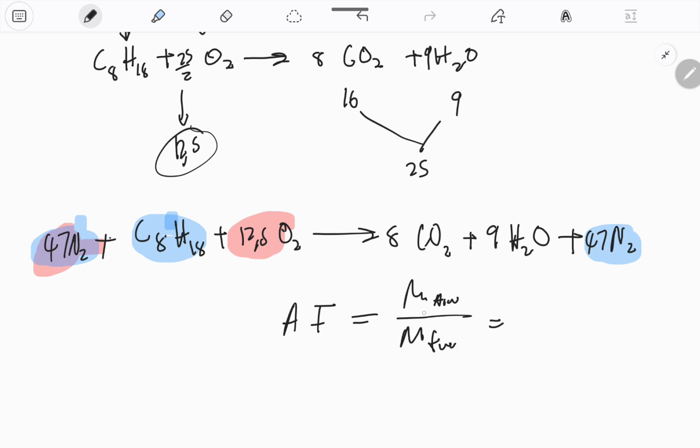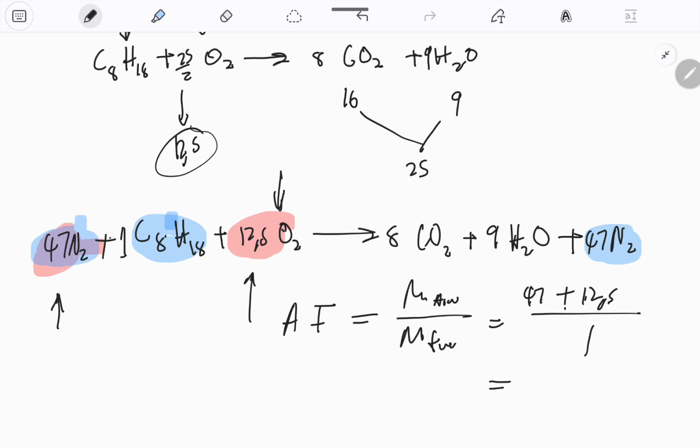So air is made of everything, of which is your oxygen and your nitrogen. So I'm going to come here, nitrogen is giving me 47, should be 47 plus oxygen 12.5 all over what is here is just 1.